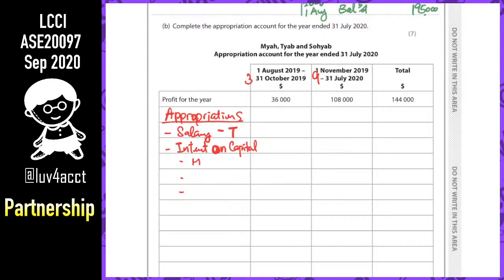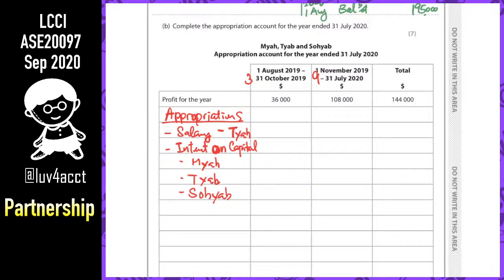So M, let me write T, and the new partner, what's the name? Okay, it is there. B here, SOHYA. How to pronounce these things? I really don't know.